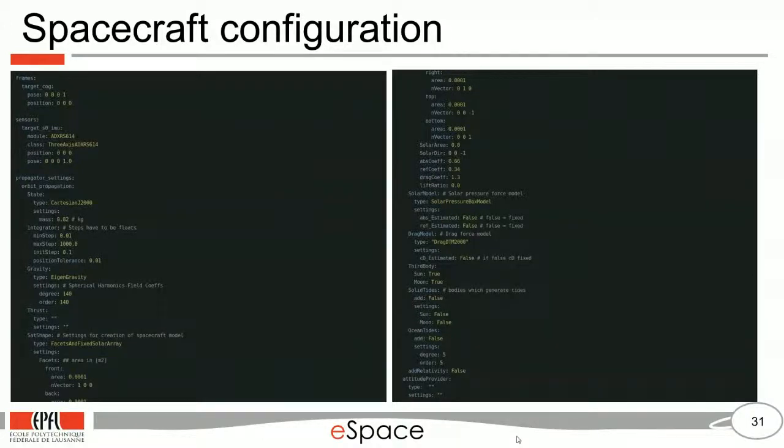You can define elements that will interact with the environment, typically surfaces, the shapes, whether it is affected by solar pressure, the drag, and any additional third-party forces.